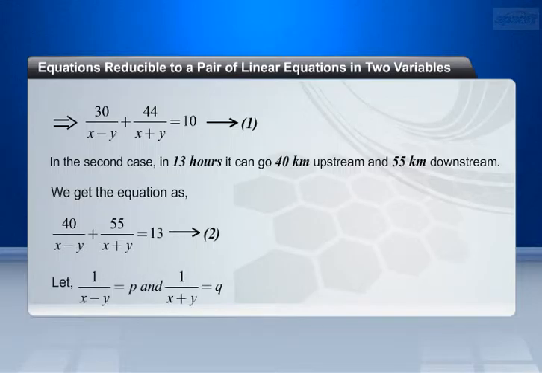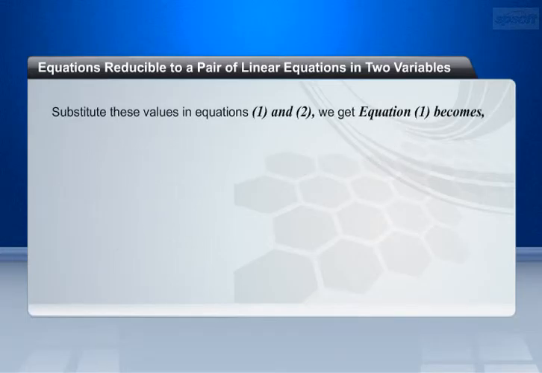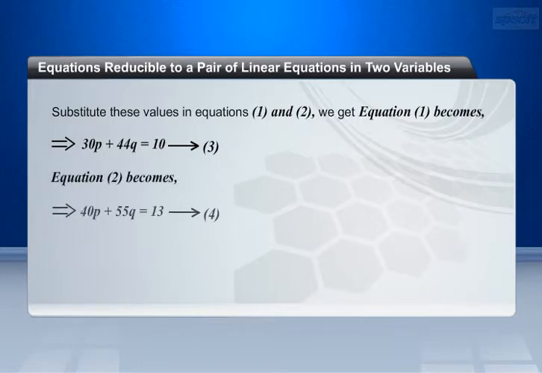Let 1 divided by x minus y be equal to p, and 1 divided by x plus y be equal to q. Substitute these values in equations 1 and 2. Equation 1 becomes 30p plus 44q equals 10, equation 3. And equation 2 becomes 40p plus 55q equals 13, equation 4.